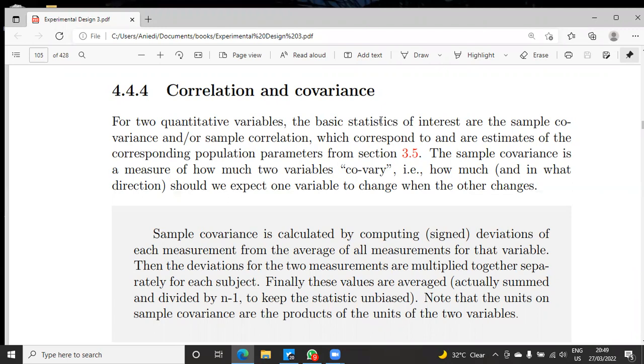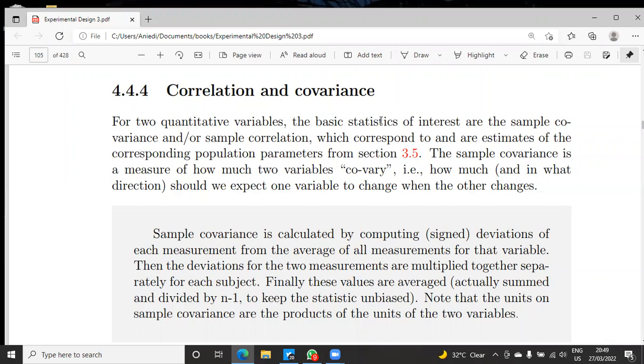When the correlation is small, the covariance is very large. You understand? Which means covariance and correlation are what we call reciprocals. As this one is increasing, this one is reducing. And as this one is reducing, this one is increasing.